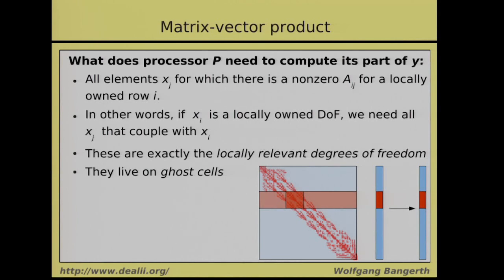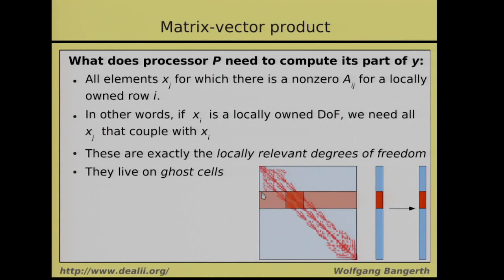And if you think about it, a_ij are, let's say, in the finite element methods, all of the degrees of freedom i and j that couple. So these are i's and j's that sit on the same cell, right? So if x_i, that's the row i that I'm looking at, is a locally owned degree of freedom, that means it corresponds to one of the rows that I own locally.